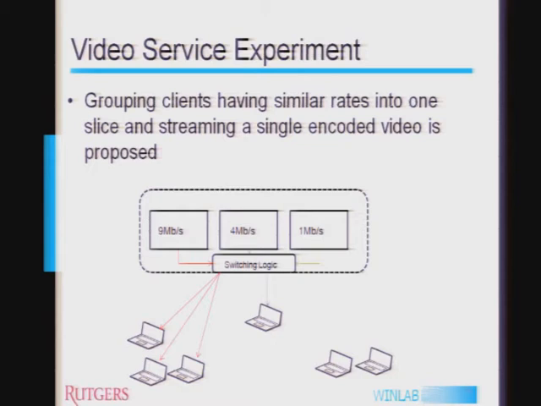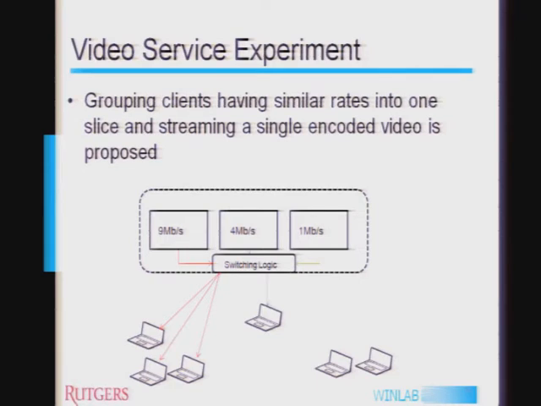So what happens is we check for the rate at each client, and we say if these 3 clients are in a good, if the offered rate is good, then you stream a 9 MB video to them. Instead of re-encoding the video each time and streaming it to each client, we're saying stream it to this set of clients.